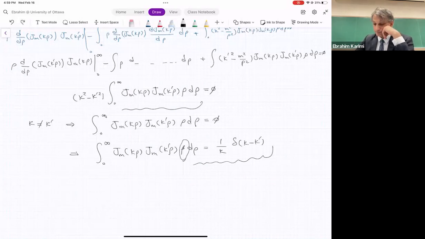Rho. That's the weight that you have. If you remember, they look like Vm, Vk', and they form a complete basis in the entire space that you are dealing with. Okay, that was the completeness that we discussed last lecture.